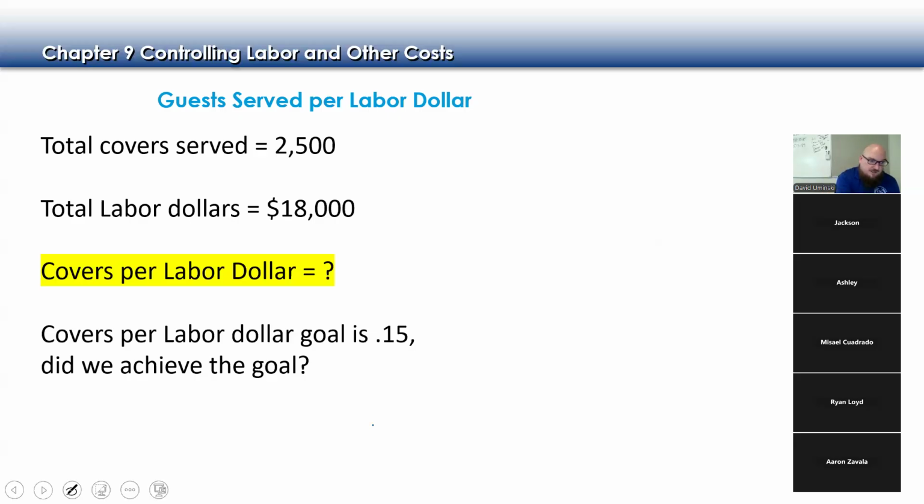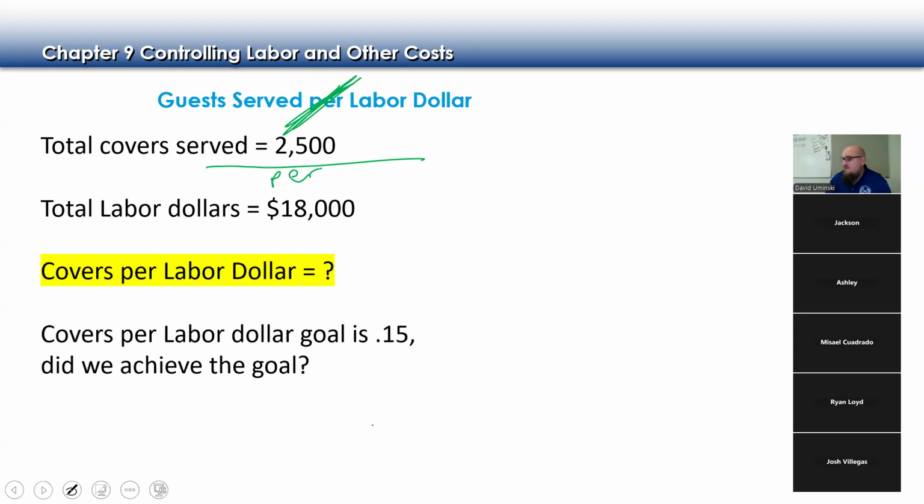What mathematical function? Right, divide. So we could do guests served per labor dollar. That word per is our division sign. This means we served 2,500 people, and it cost me $18,000 in labor to serve those 2,500 people.